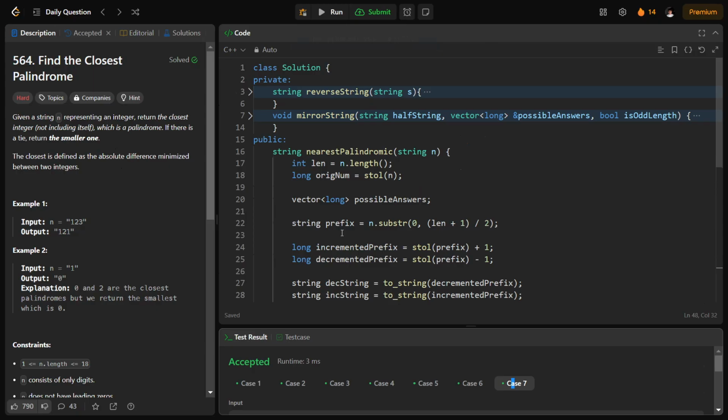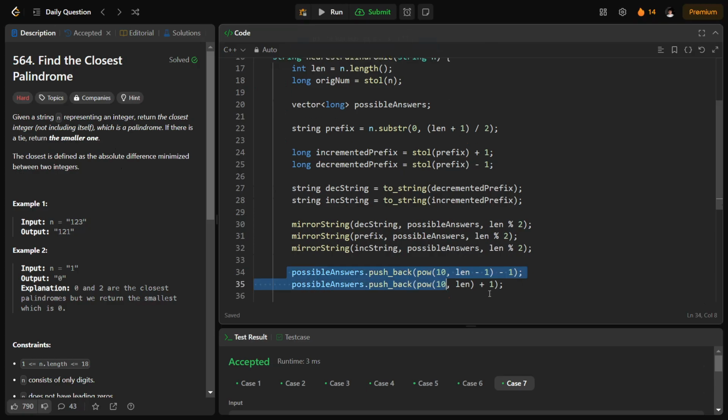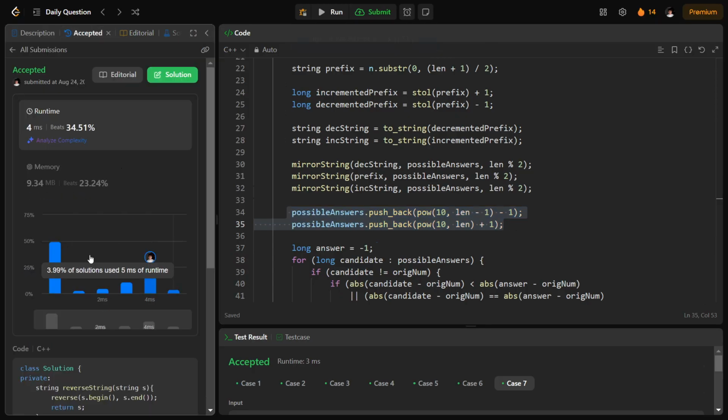We need an answer that is closest to that palindrome. That is what makes this question difficult. So we had the incremented case, the decremented case, no increment or decrement, and the possible edge cases where you change the length of the answer. And as you can see, this is accepted.